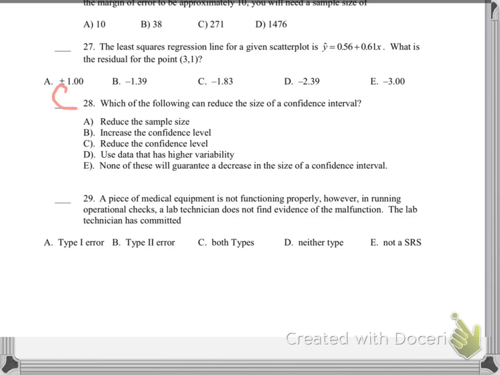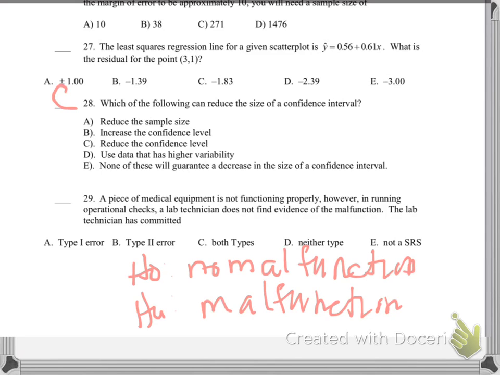Okay, let's see if I can do these type 1, type 2 errors here. A piece of medical equipment is not functioning properly, but however, in the running operation, a lab technician does not find evidence of the malfunction. Okay, so let me think about this. Typically when we have something, we believe that there is no malfunction.